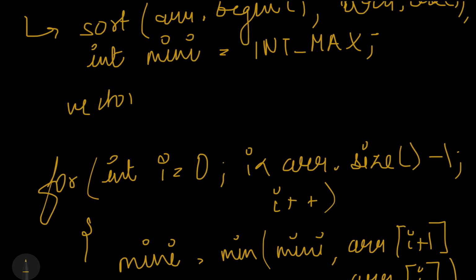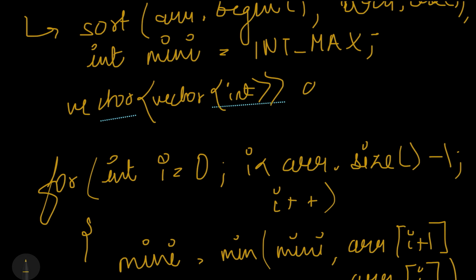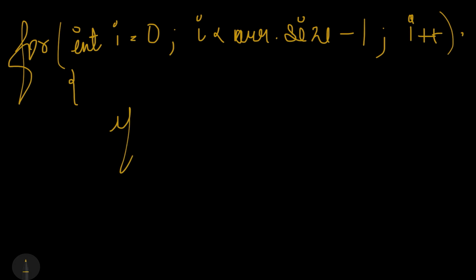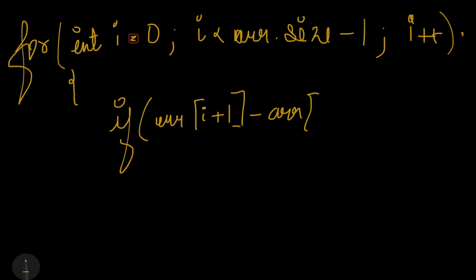We'll store our answer in a vector named answer. And here we'll check if our ARR of I plus 1 minus ARR of I is equal to mini.